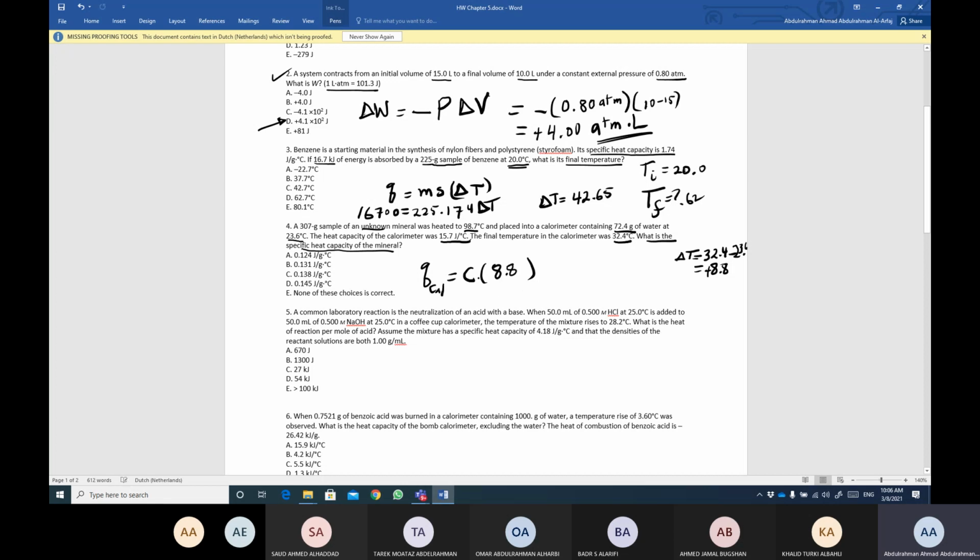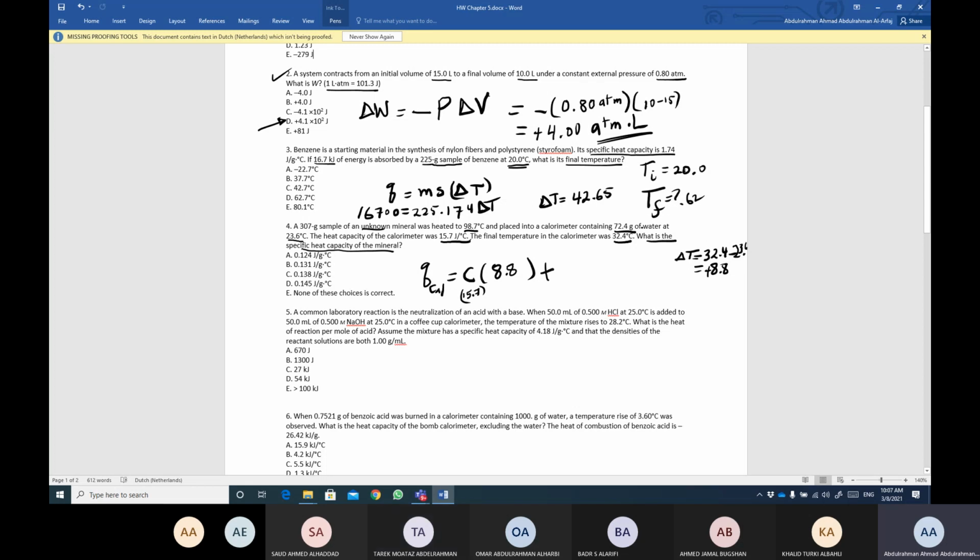What's C? Let's see. 15.7. I'll put it under it. Are we finished with the Q calorimeter? No. Why?